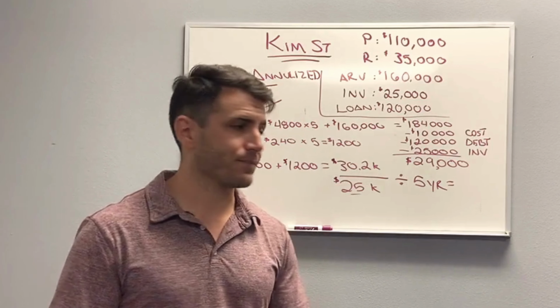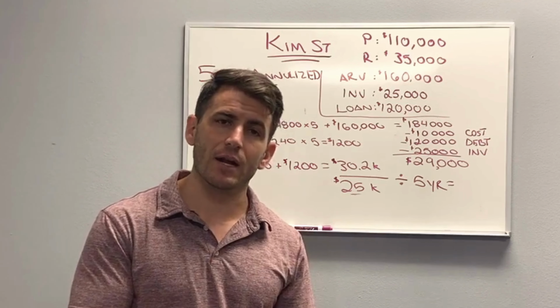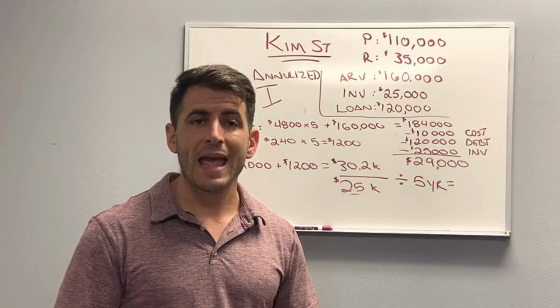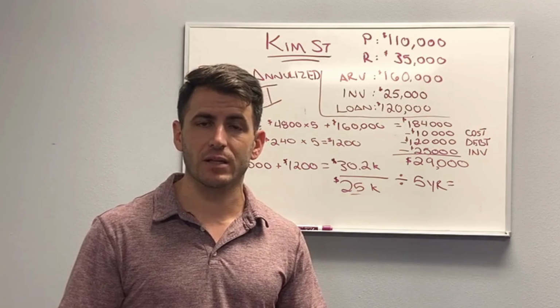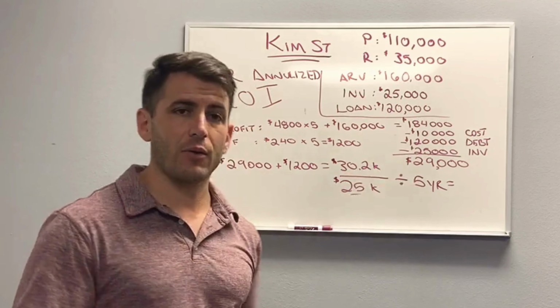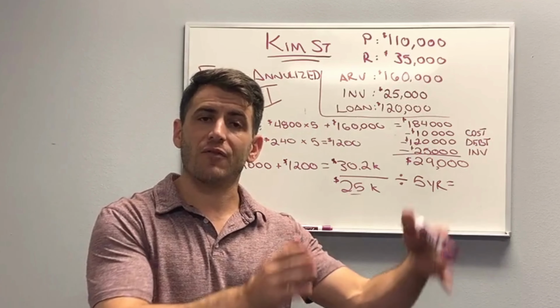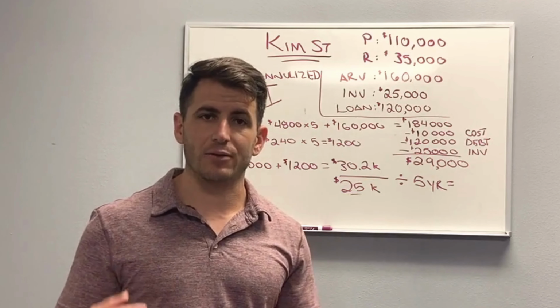$10,000 should cover it. My debt, it was an interest-only loan, so I have to pay back the entire principal balance of $120,000. And then in order to figure out profit, you'll also have to subtract your initial investment. In my case, for this deal, that would be $25,000. So hypothetically, 5 years from now, if I sold the property, my profit would be $29,000.